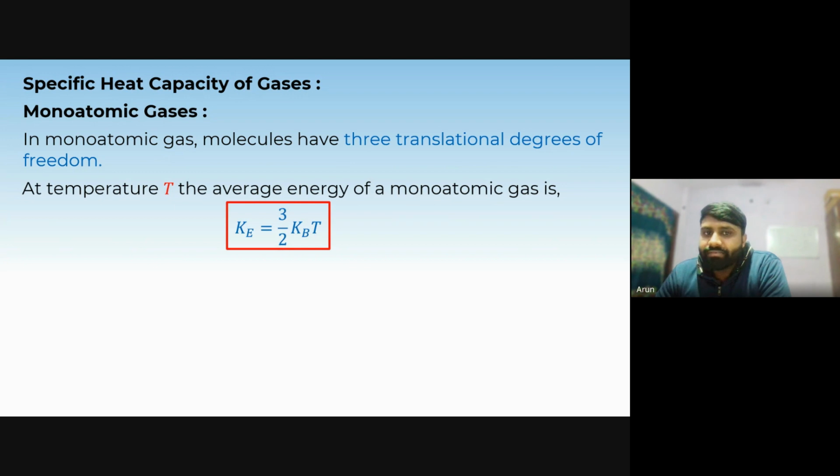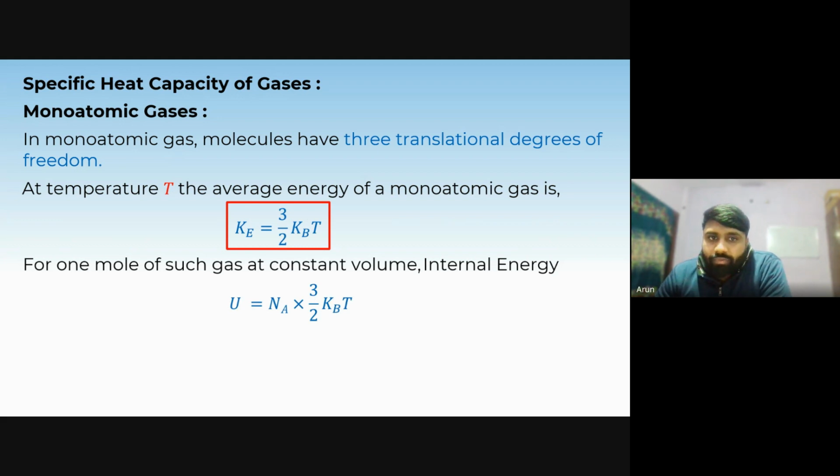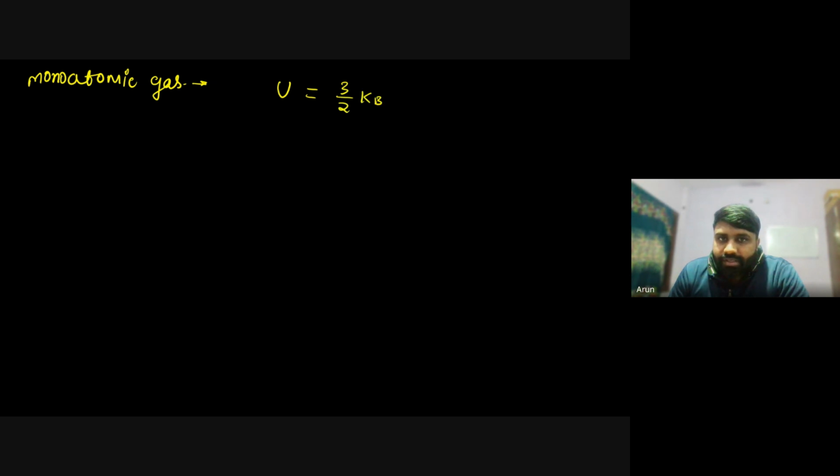So the kinetic energy is 3 by 2 kB T. For 1 mole of such gas at constant volume, the internal energy U is N_A times 3 by 2 kB T. So for a monoatomic gas, the total energy or kinetic energy is 3 by 2 kB T.